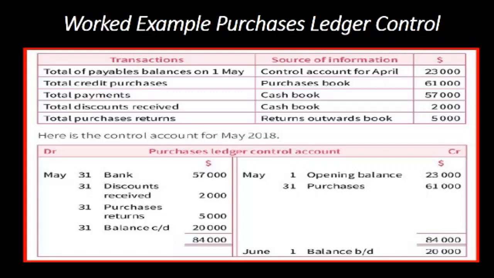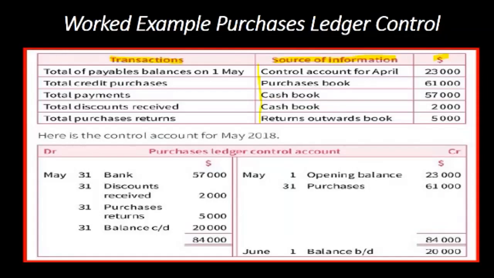Okay, so we are given some transactions here and the source of the information and the amount. Now when you are working a question in an exam, they will not give you this information here. You have to know this here, so you have to memorize these here.